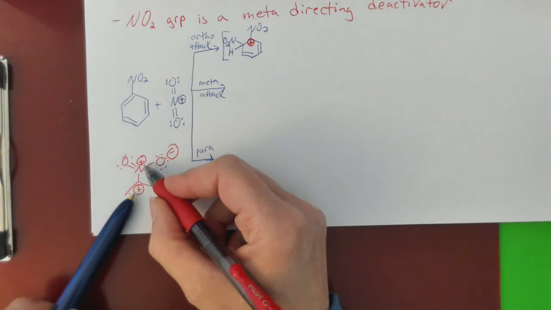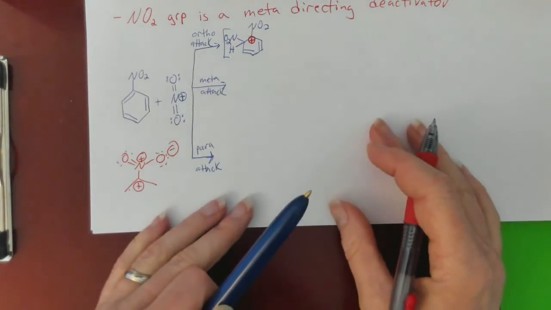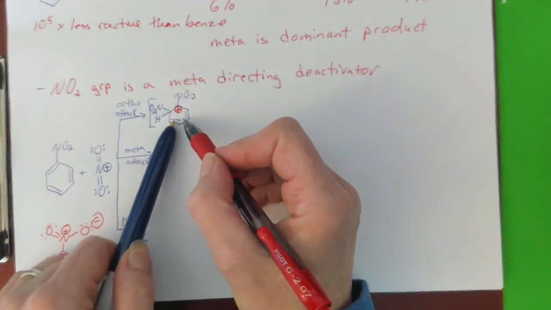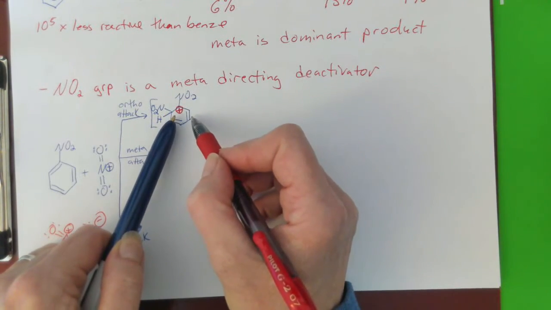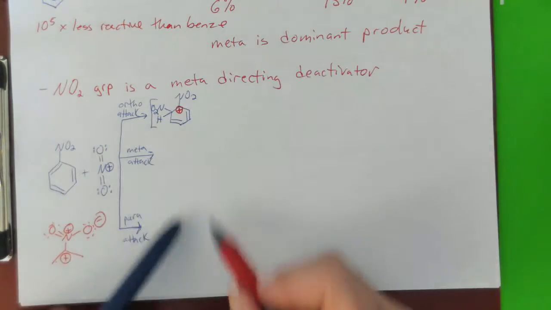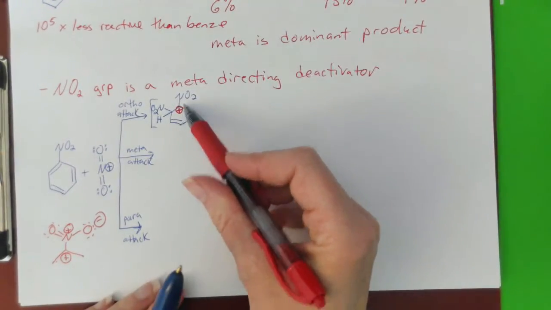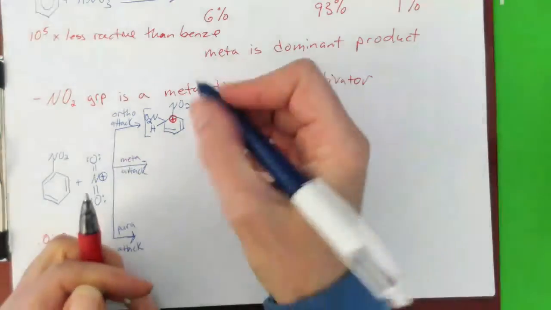We know that like charges repel each other. So to push them right next to each other is extremely unstable. So I expect this right away to be a destabilized intermediate relative to any other intermediate that we get that doesn't have this plus charge right next door to another plus charge. Okay, let's continue.